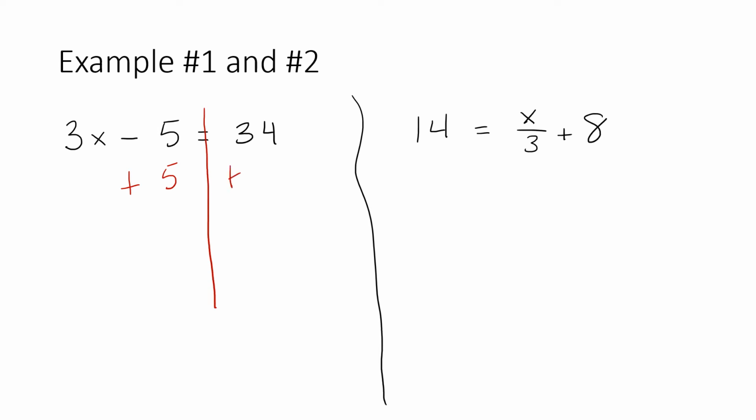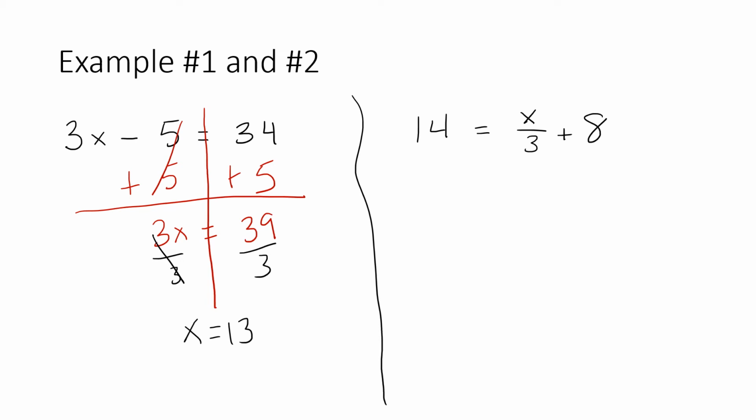The opposite of subtraction is addition. The 3x comes down, 34 plus 5 is 39. Now it's a one-step problem, 3 times x. How do I get rid of multiplication? I divide. Final answer, x should be 13.